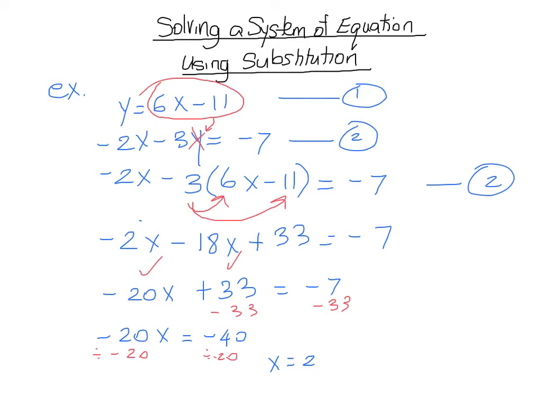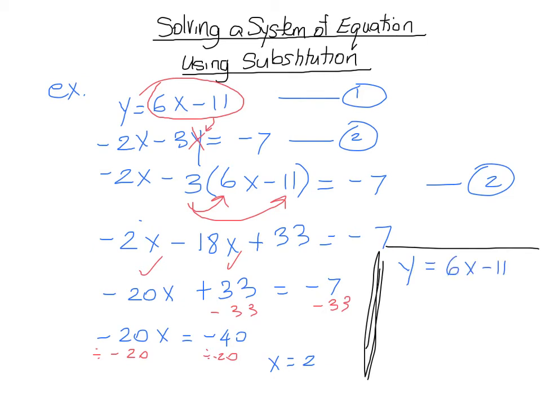All right, but we're not done, because we found out what x is, and even though we subbed out the y, there was still a y in our original equations. So now we can figure out what y is by choosing either equation 1 or equation 2 and putting our x value in. I'm going to choose the easier looking equation, equation 1, which said that y was equal to 6x minus 11.